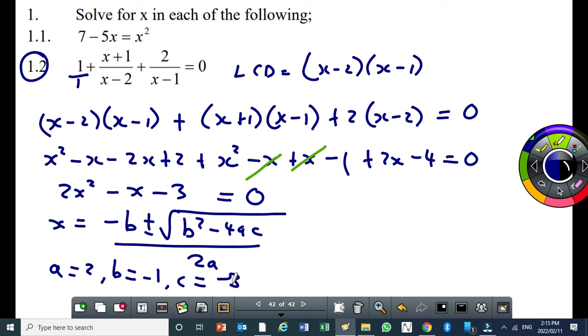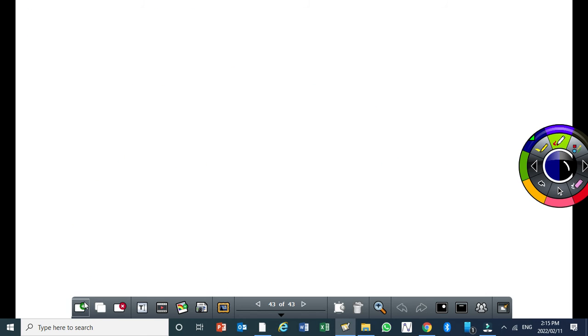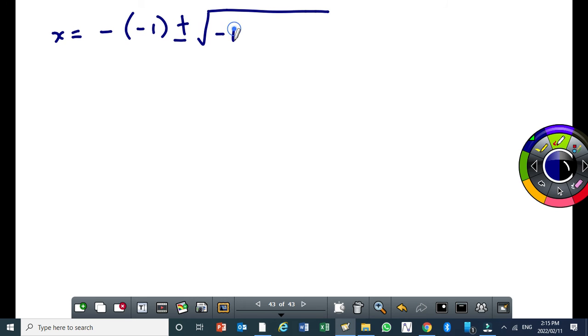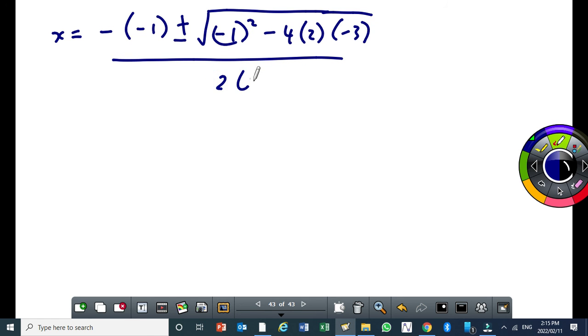Right, so on the next page we substitute. So x will be equal to minus negative 1 plus or minus the square root of negative 1 squared, right? Minus 4 times 2 times negative 3, all over 2 times 2.